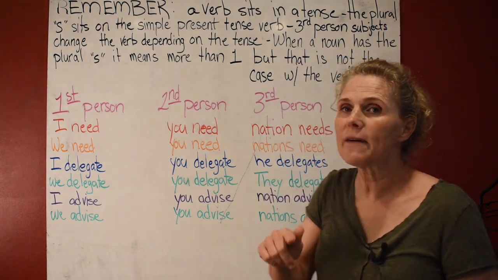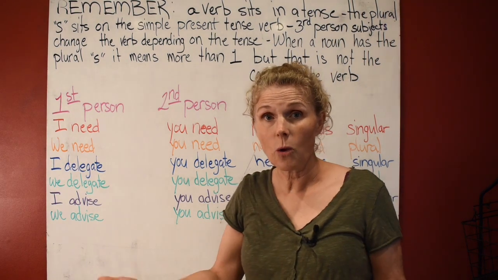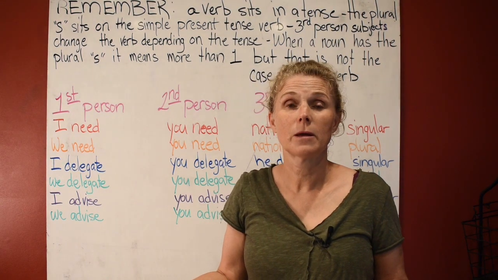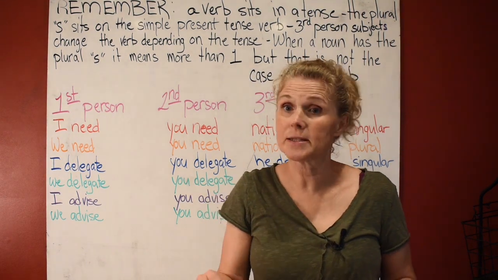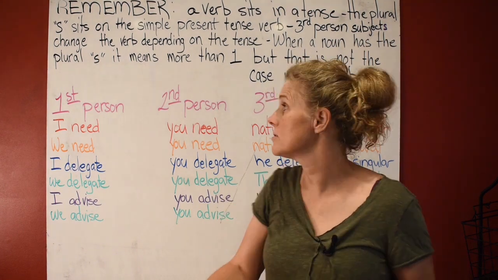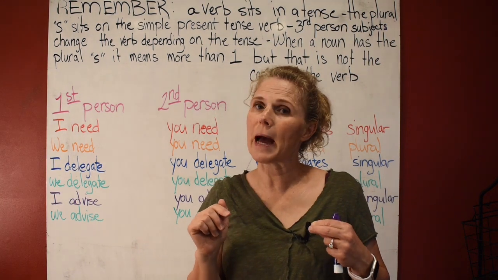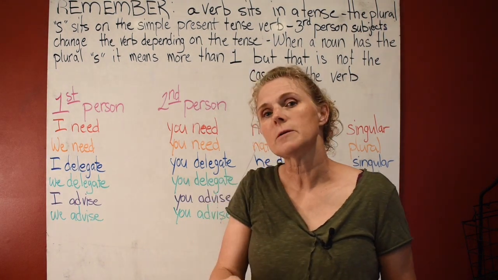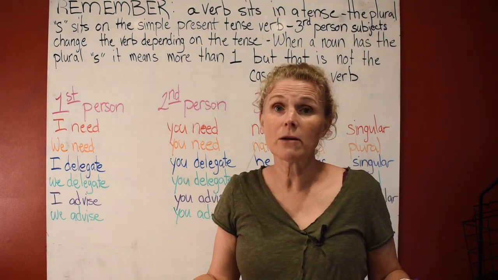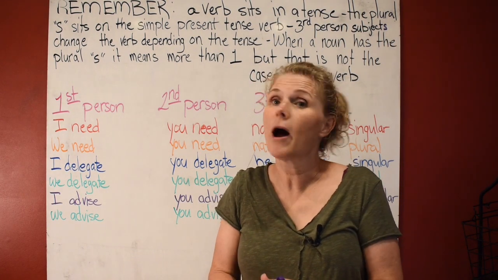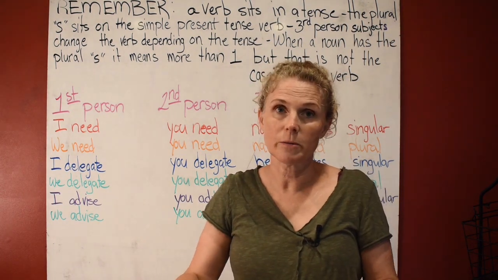But you have to understand your tenses. If you do not understand your tenses, you're not going to get this right. Sometimes you can hear it and you're like, ooh, that sounds bad. That doesn't sound right. You can do it for sound sometimes, but I've seen so many people mess that up.